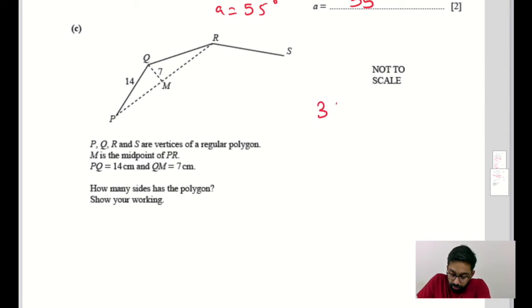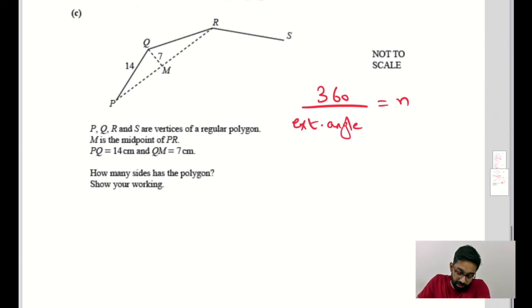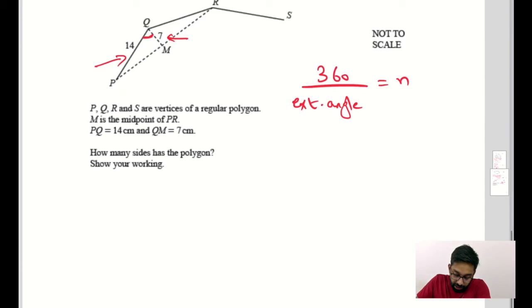you divide 360 by the exterior angle, it should give you the number of sides, which is n. But we don't have the exterior angle, neither do we have the interior angle, but we do have this dimension QM and PQ. So in order to find the internal angle, we need to find this angle first, PQM.